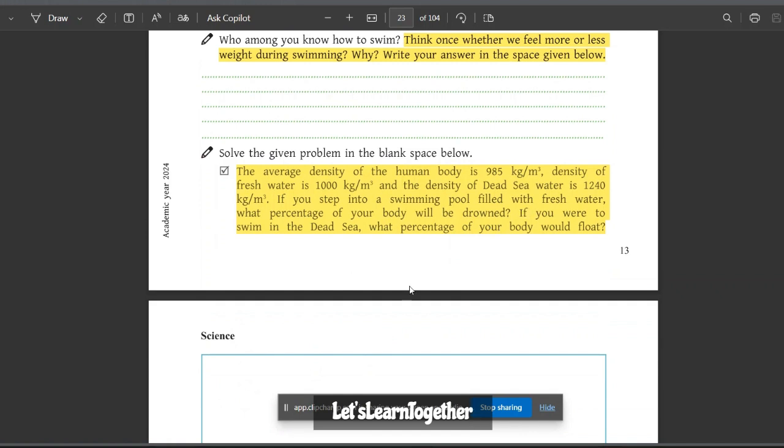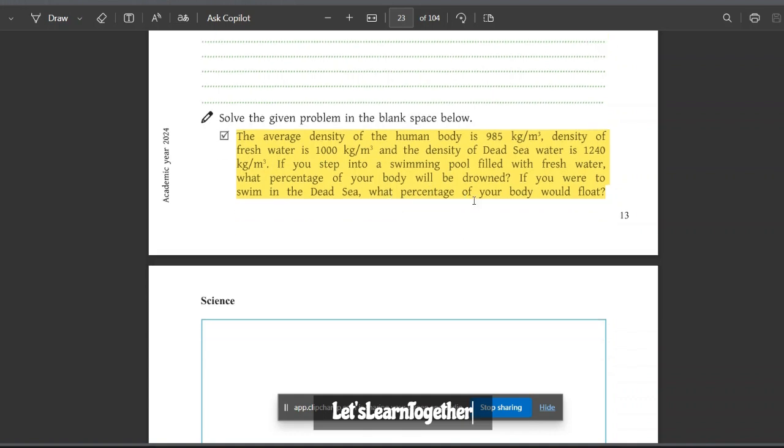Okay, so they basically said that if you were to swim in the Dead Sea, what percentage of your body would float? Look, there is a specific formula to determine how much percentage of our body will be submerged. If we find that for both fresh water and dead sea water, then we will get our answer.